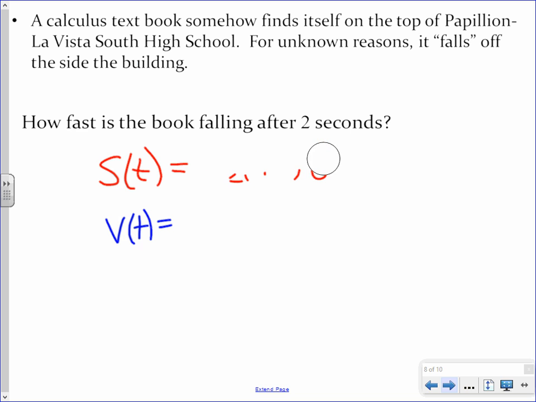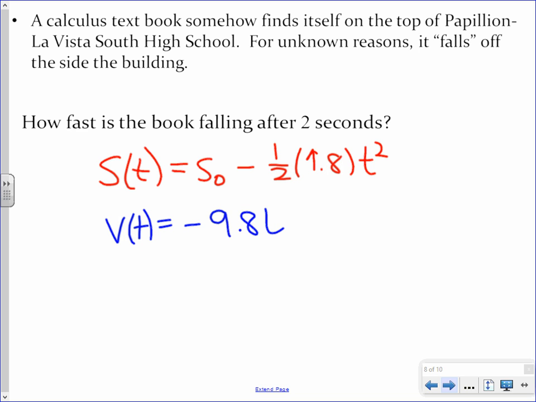Let's write our equation as S naught minus 1/2 times 9.8 t squared. When we take the derivative, that initial position goes to 0, and our velocity equation is just negative 9.8 times t.